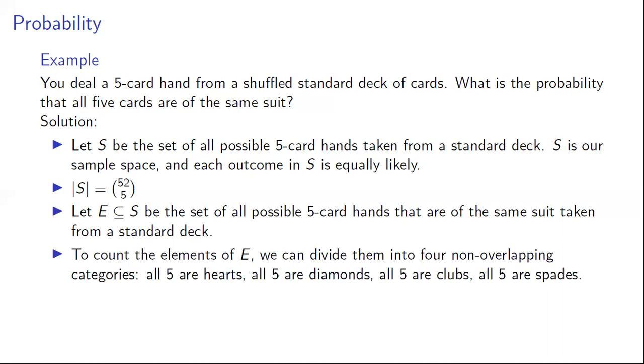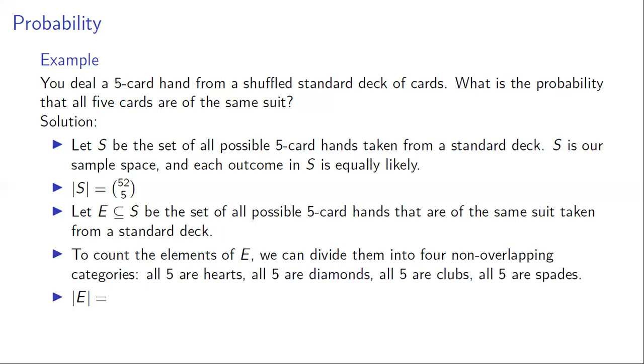So now what is the cardinality of E? We just need to count the size of each of these categories and add them up. What is the size of the first category? I'm looking for 5-card hands where all 5 are hearts. In a standard deck, we start off with 13 hearts, and we want to choose 5 of them to be part of our hand.